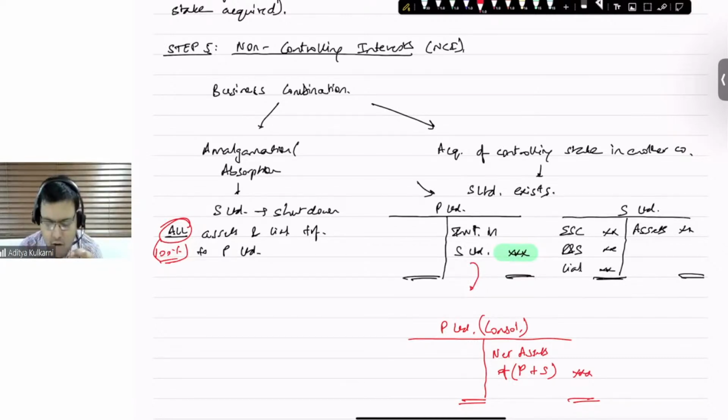So now, when I hold less than 100% stake, for example, we again come to Reliance. Reliance started out with incorporating Jio Platforms as a wholly owned subsidiary.